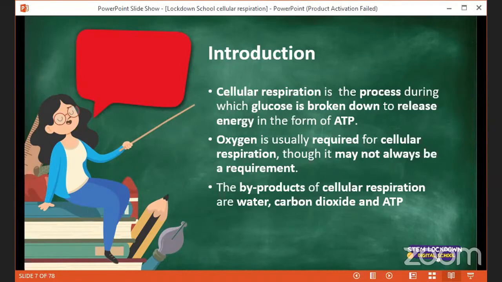And hence, cellular respiration is divided into two, where we have aerobic respiration that is in the presence of oxygen, and anaerobic respiration, which is in the absence of oxygen. Then the byproducts of cellular respiration are water, carbon dioxide, and ATP, right?